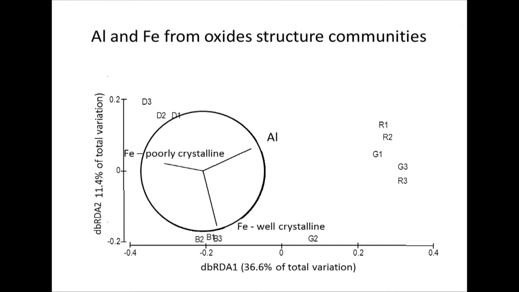You can see where they're separating out the low aluminum sites from the high aluminum sites on the right, by virtue of the aluminum content. But on the second axis, which explains 11.4% of the variation, we see that it's the iron mineral phases that are important in separating out those communities.